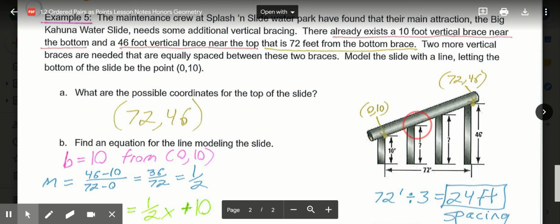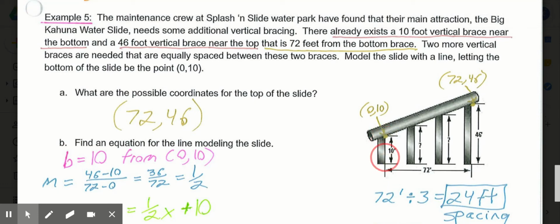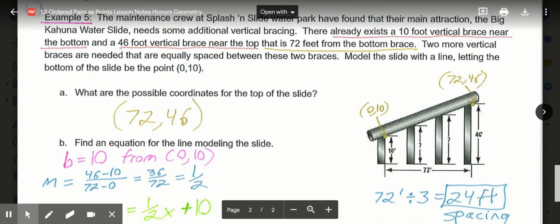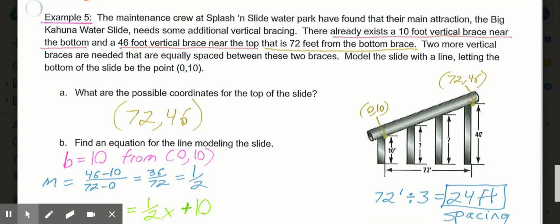So vertical bracing being the pieces here. Then they give us some information. There already exists a 10-foot vertical brace near the bottom. So we know this vertical brace near the bottom is 10 feet. And a 46-foot vertical brace near the top.